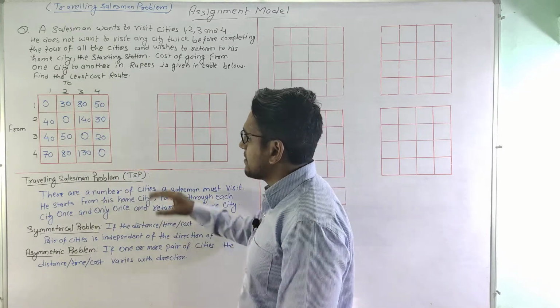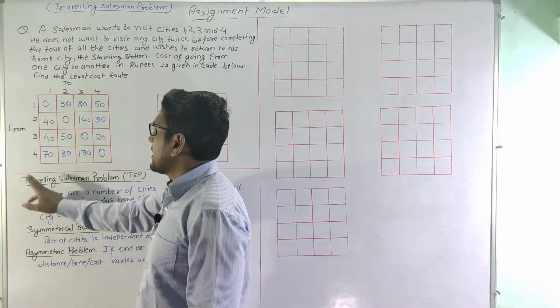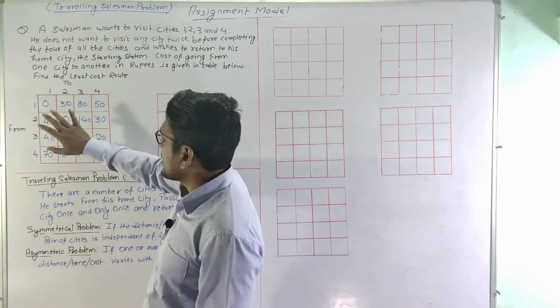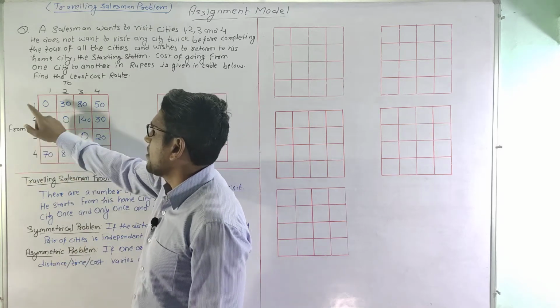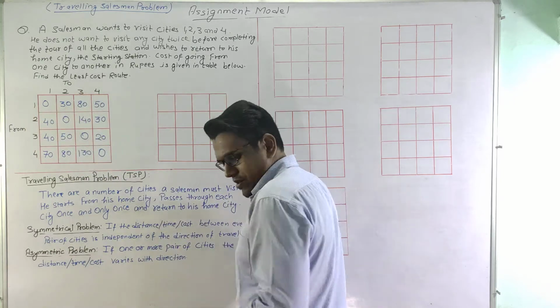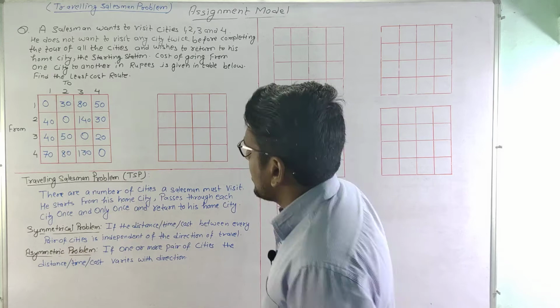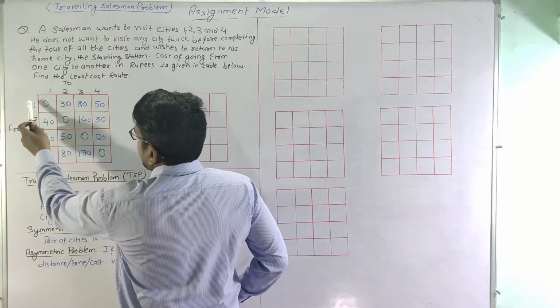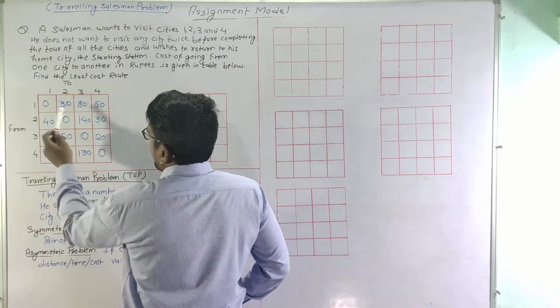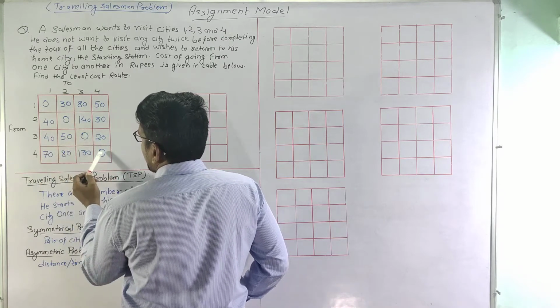In this matrix there are 4 cities the salesman wants to visit, and the cost coefficients are given from one city to another. One thing to note is that the value for city 1 to 1, 2 to 2, 3 to 3, 4 to 4 is given as 0.